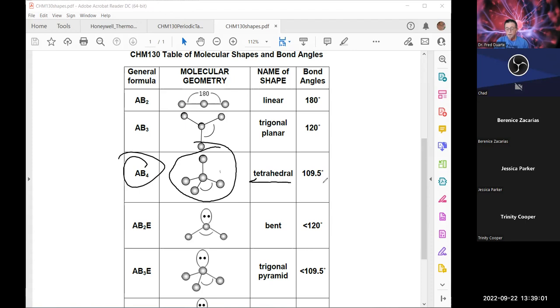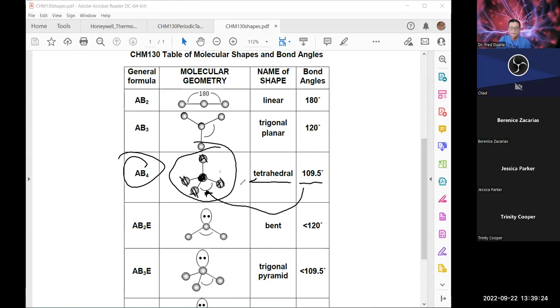And then what we also list is what's called the bond angle. So we have the central atom here, and then maybe these could be 4 hydrogens bonded to the central atom, okay?